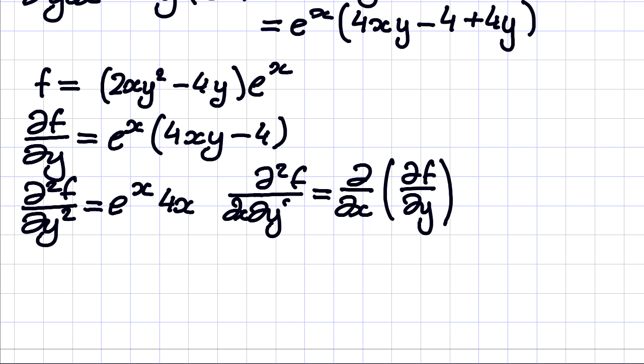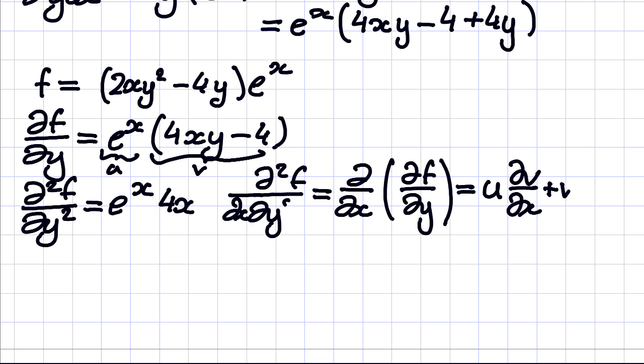And here I do need to use a product rule. So I'm going to take this as u, this is v, and that's going to be u dv dx plus v du dx. So what does that get us? So u, e to the x, dv dx, that's just 4y.